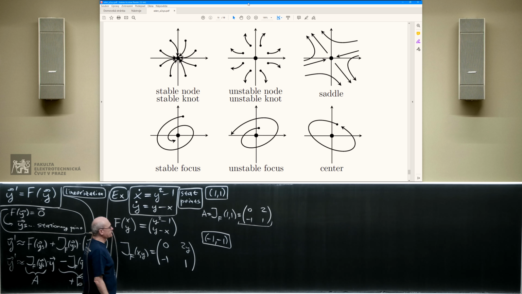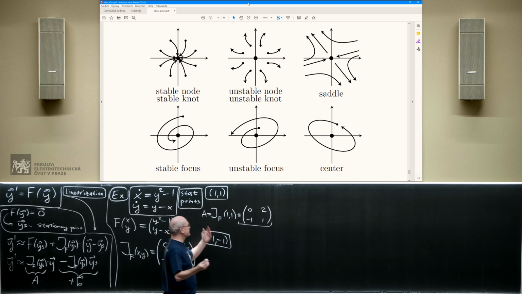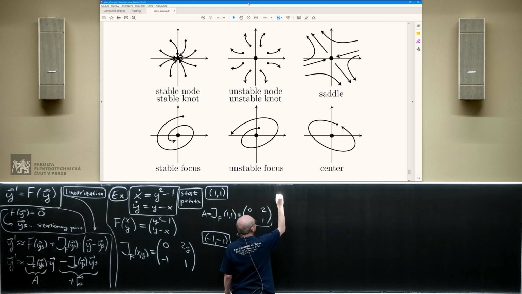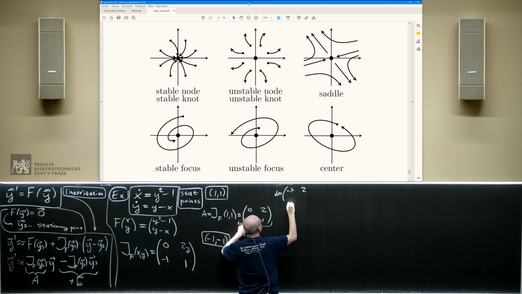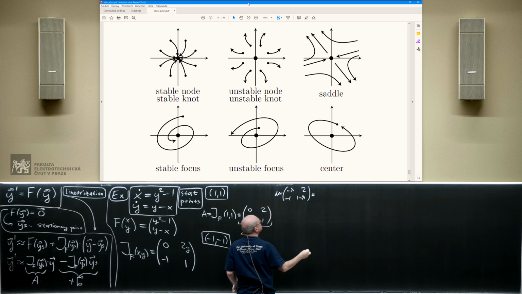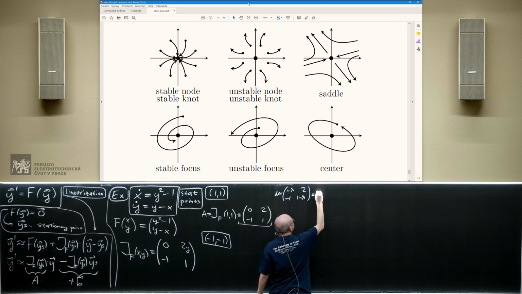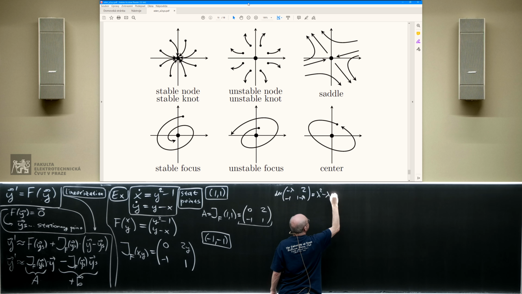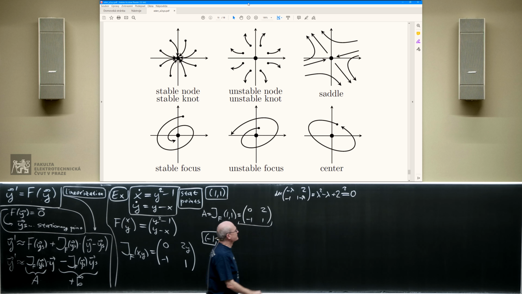What are the eigenvalues? Good question. Well, let's see. I find the determinant of the matrix with entries minus lambda, 2, -1, 1 minus lambda, which comes to lambda squared minus lambda plus 2. And I'm asking, does it ever get to be 0?